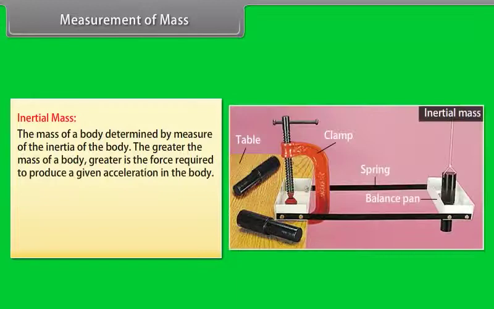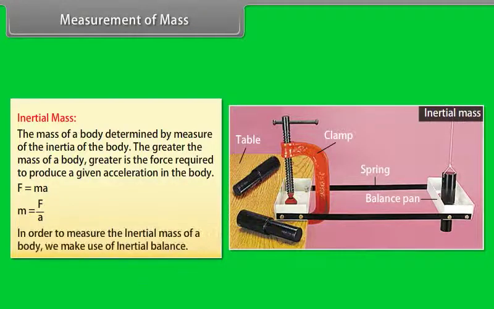The mass of the body is determined by measure of the inertia of the body. The greater the mass of a body, the greater is the force required to produce a given acceleration in the body. F equals ma or m equals F upon a. Thus, a very heavy body has a larger inertial mass than a light body.